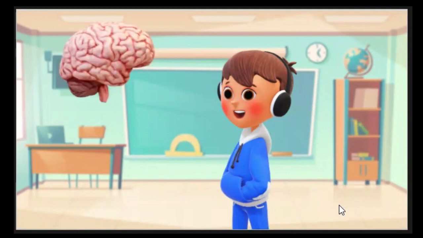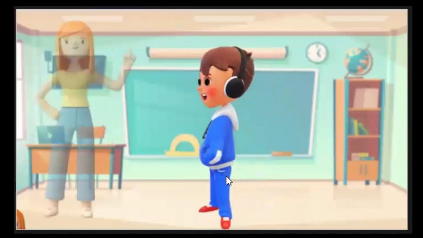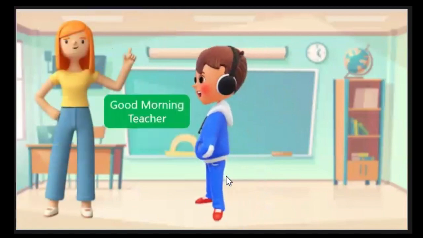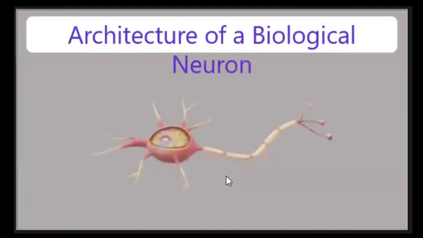You see, then the vision signal goes to your brain in the background, right? The optical signals are processed in the background. So then after that, it's a teacher and your frontal lobe decides to say good morning. So the decisions are made from your frontal lobe. So this is how the brain works.